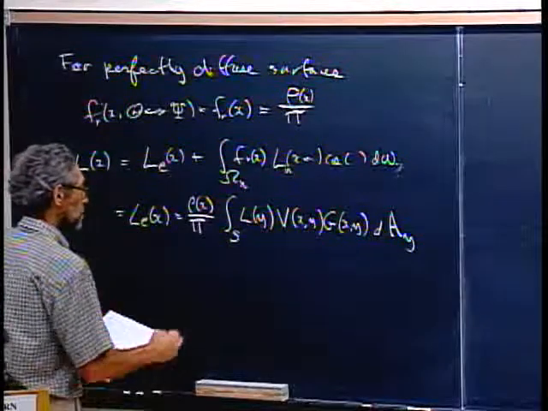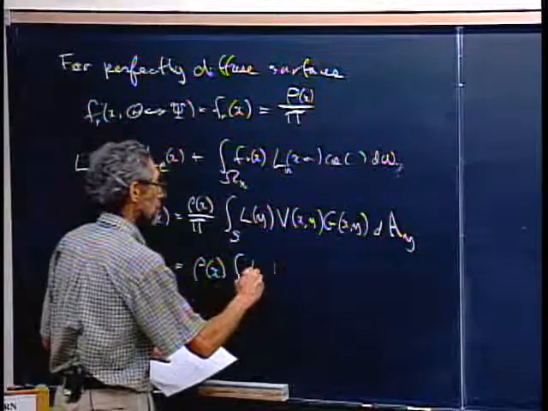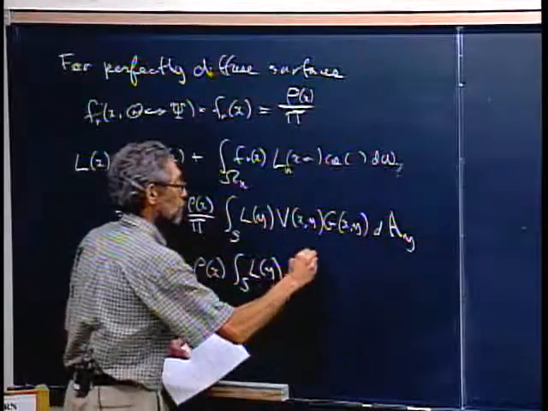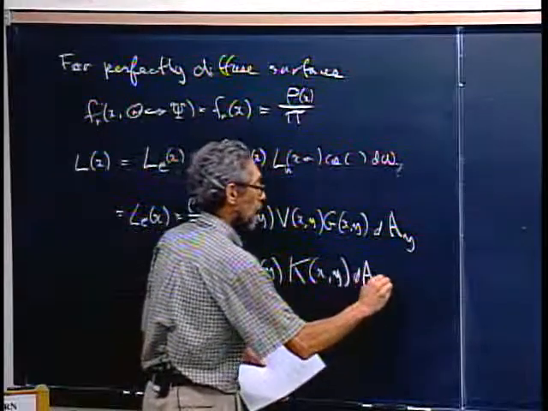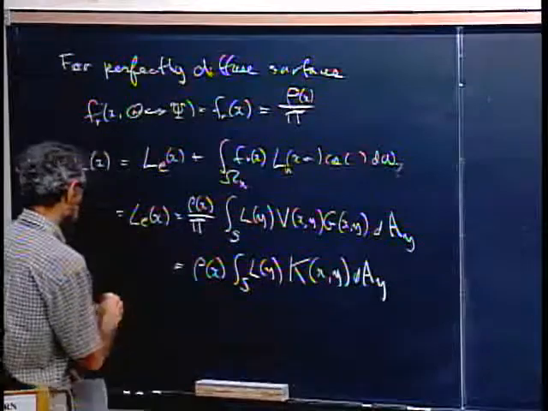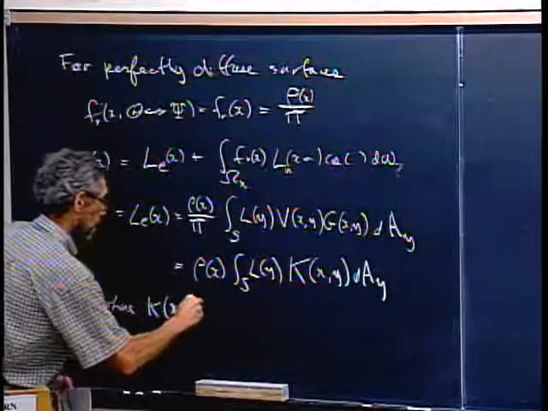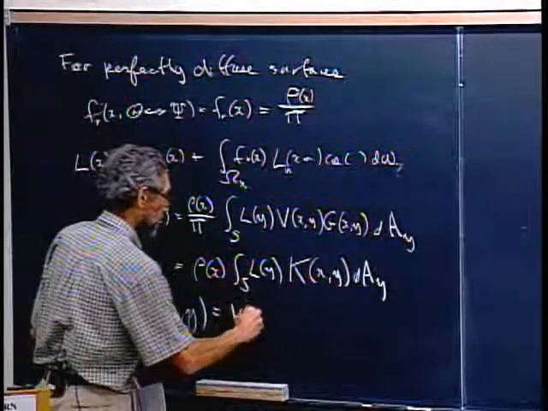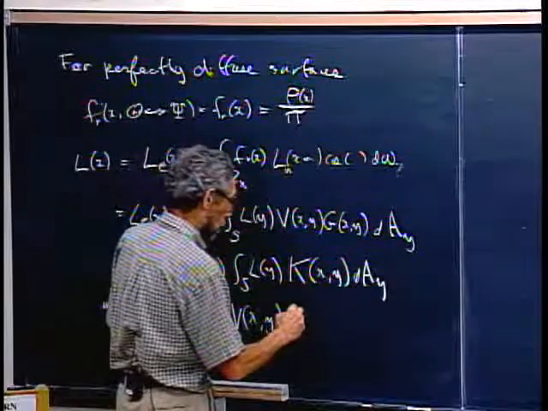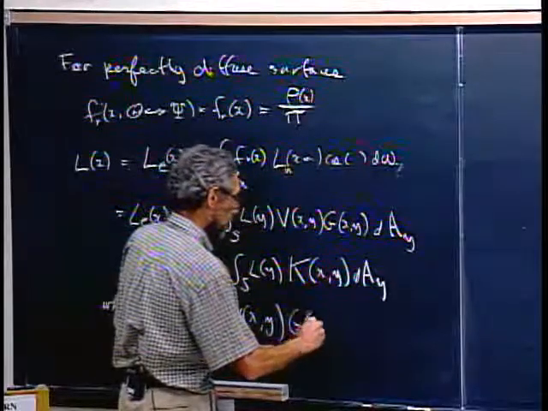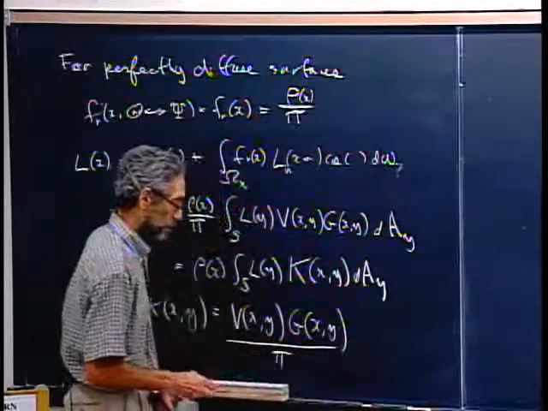And so what I'm going to do is rewrite it as rho of x, the integral over s of L of y, times kernel K(x,y) dA, and that K(x,y) has the visibility information, those two cosines in the numerator and the r squared in the denominator, and an extra pi.